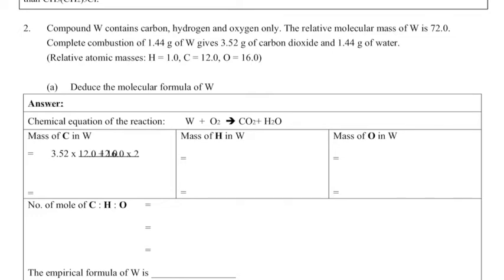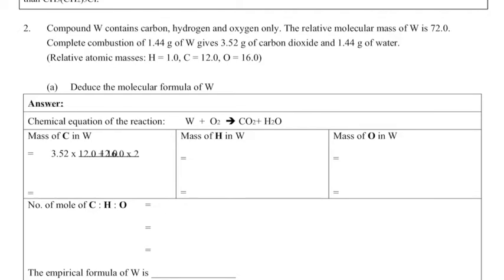So in order to work out the molecular formula, we first need to work out the empirical formula. And we can write the chemical equation. When completely combusted, it should only give out carbon dioxide and water as the products.